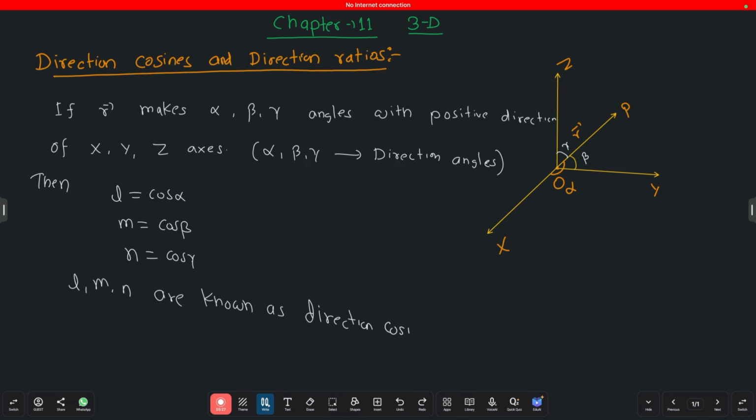Now, do you remember the relation between direction cosines? Cos square alpha plus cos square beta plus cos square gamma equals 1. It implies the relation between L, M and N, an important relation: L square plus M square plus N square equals 1. Note it.